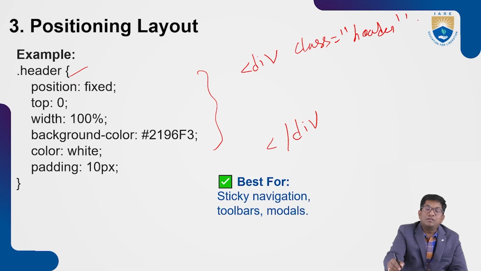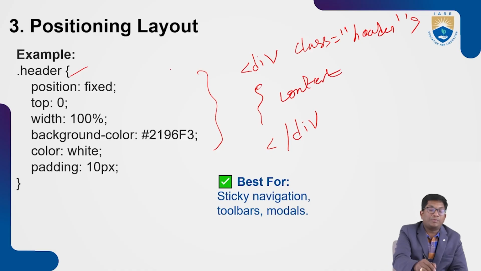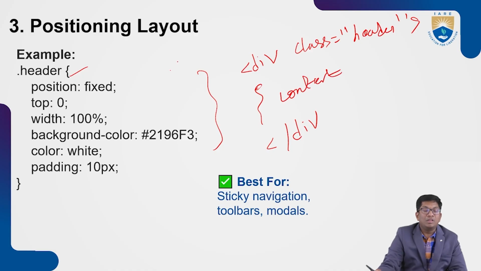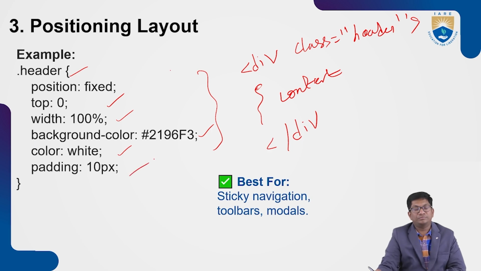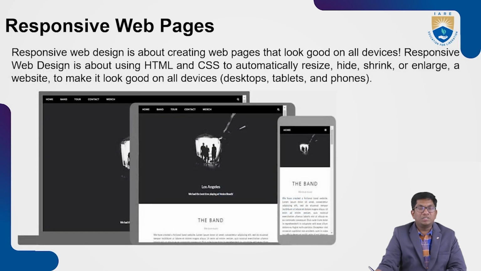Whatever content is in this section, it will be assigned these properties. The position is fixed, top is 0 pixels, and width occupies 100%. Background color is some hexadecimal value, text color is white, and padding is 10 pixels. So that is the positional layout.